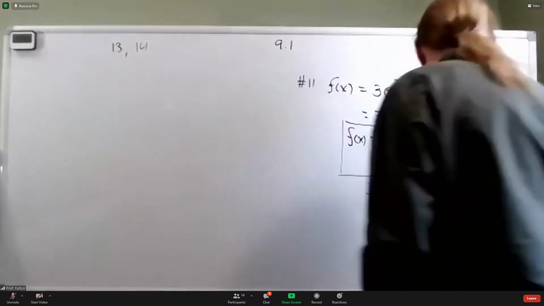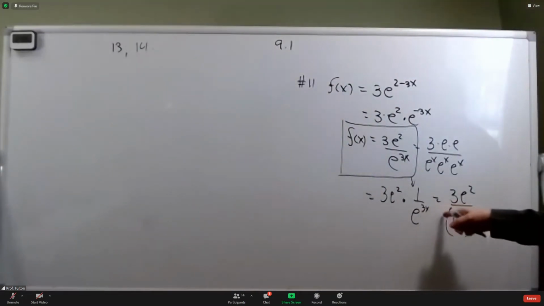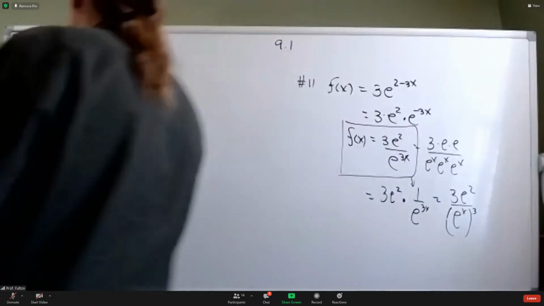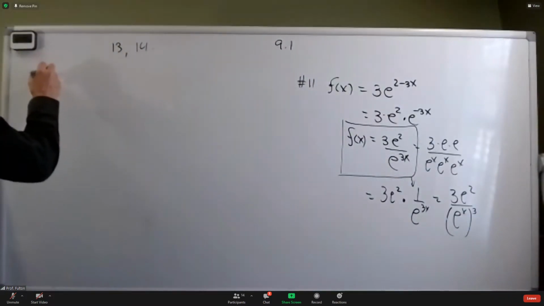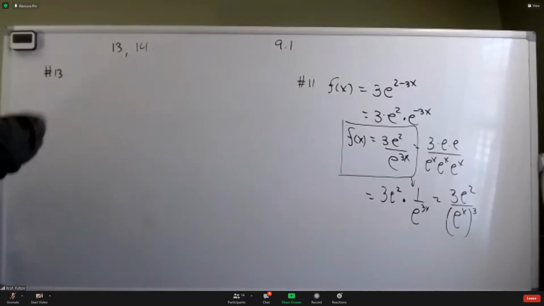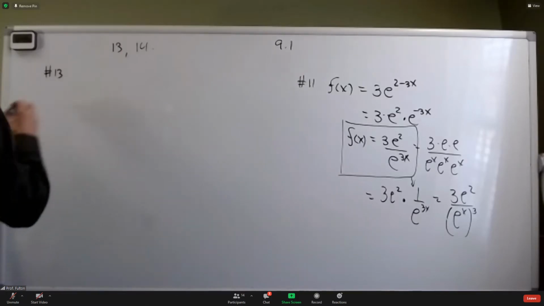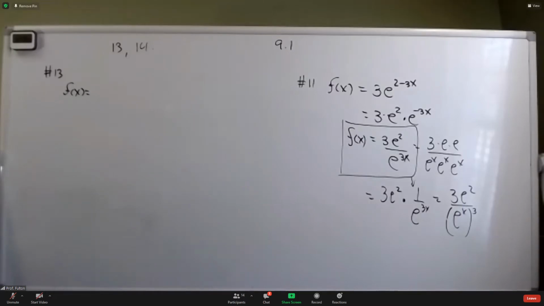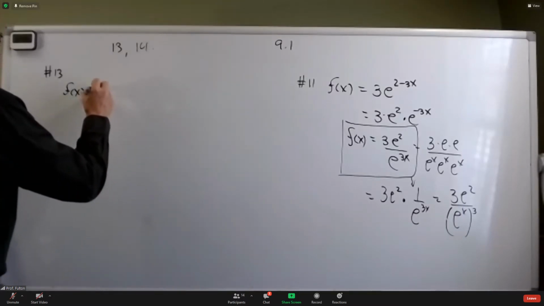Well, oftentimes we kind of like it in this form. It's a little easy to deal with. So you can see you're expanding and contracting. Now we're doing the expansion, whereas the other ones were the contracting. So here we have f of x is equal to 2 times 3 to the 1 minus x.